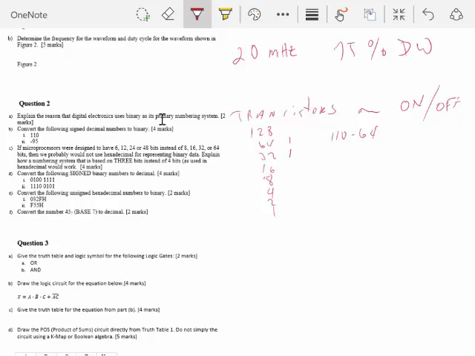I'll subtract 32. I got 14. I have a 0 here. So 14, I have an 8. So minus 8, I have 6 left. So I have a 1 here, a 1 here. So the right answer is going to be 0, 1, 1, 0, 1, 1, 1, 0.